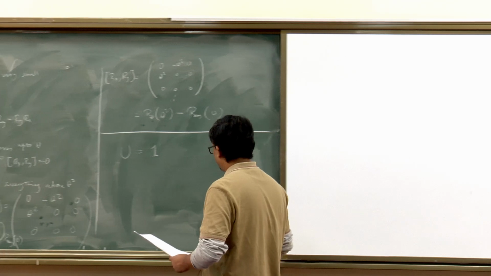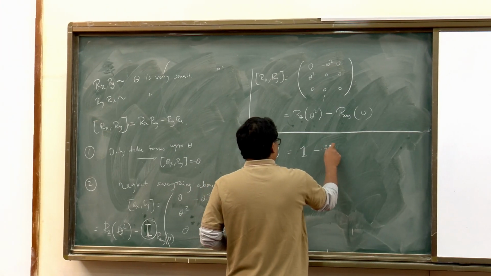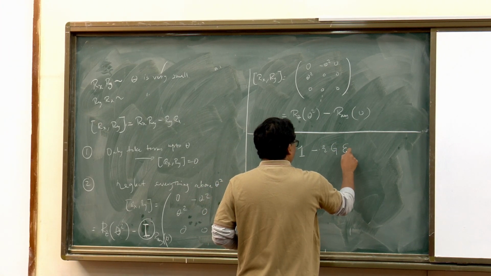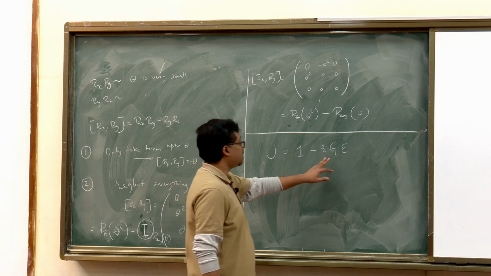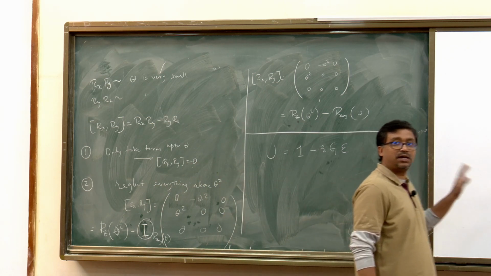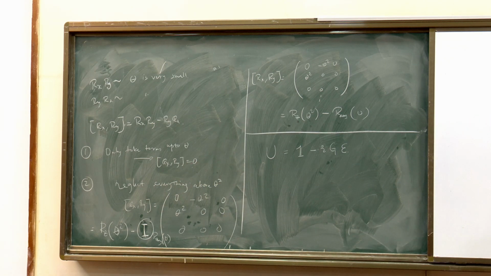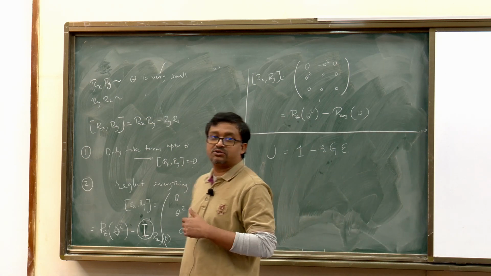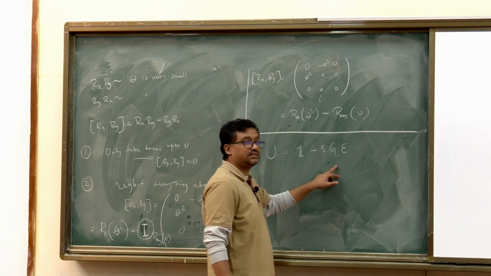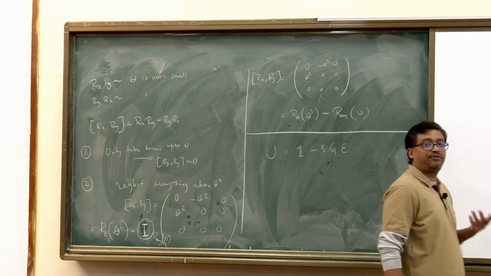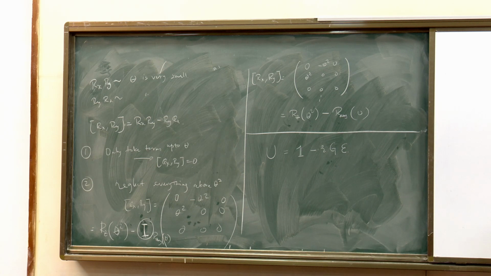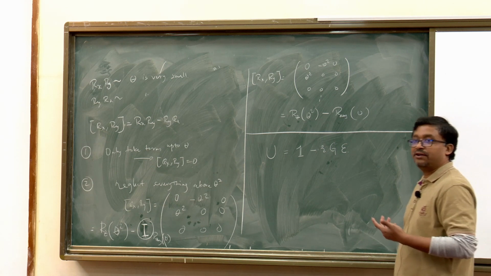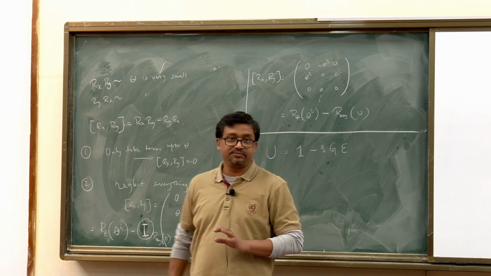So that is 1 minus i G epsilon. What are these? G is some Hermitian operator and epsilon is some very small quantity that you are looking into. If it is translation, then it is distance. If it is time evolution, then it is time, and if it is rotation, then it is angle.